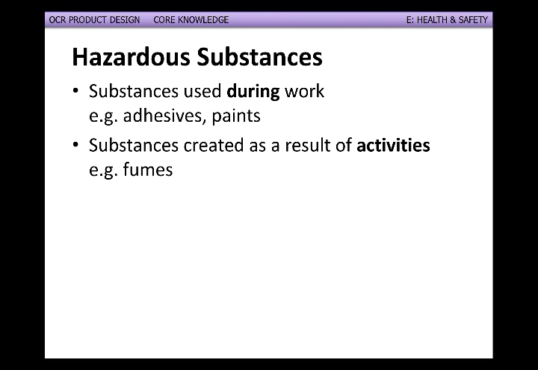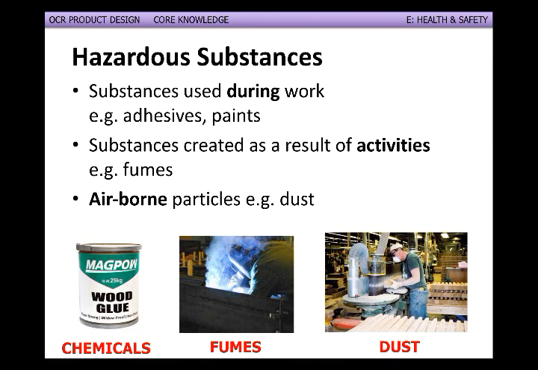If you were soldering, for example, that's a little bit different to airborne particles, which is dust. The key thing is that a hazardous substance at school or in the workplace is either a chemical, a fume, or dust, and those things have to be controlled, for they are hazardous substances.